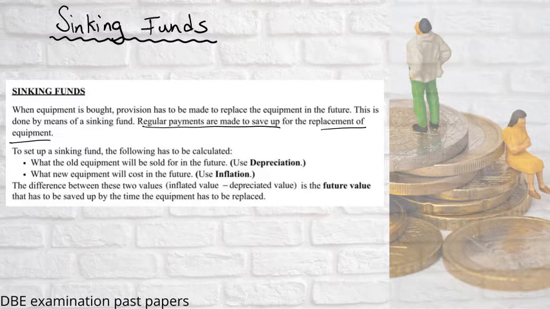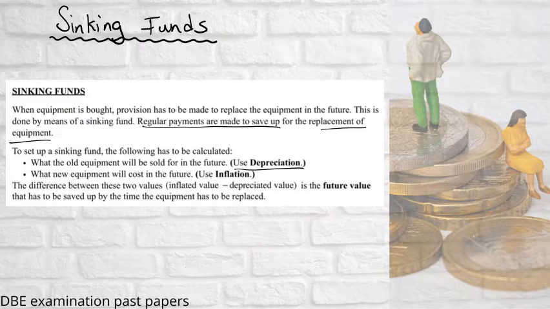So you need to calculate its book value, the amount you can sell that old machine for, because it won't even be worth the 850,000 that you bought it with. So this needs to be calculated first. We use depreciation in order to calculate how much the equipment has reduced to.